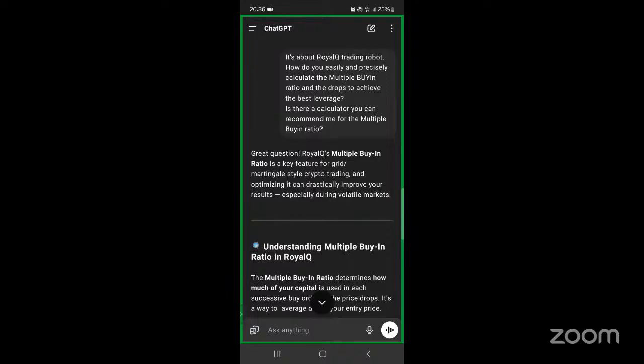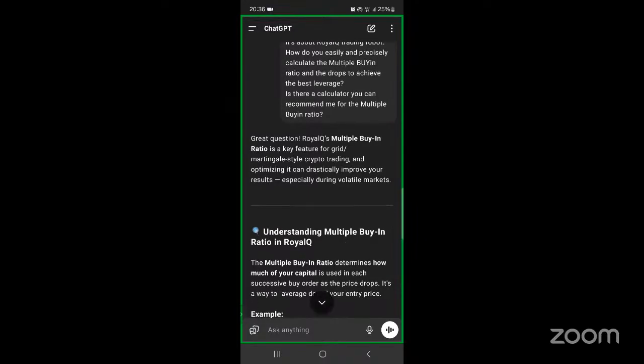How do you easily and precisely calculate the multiple buy-in ratio and the drop to achieve the best leverage?